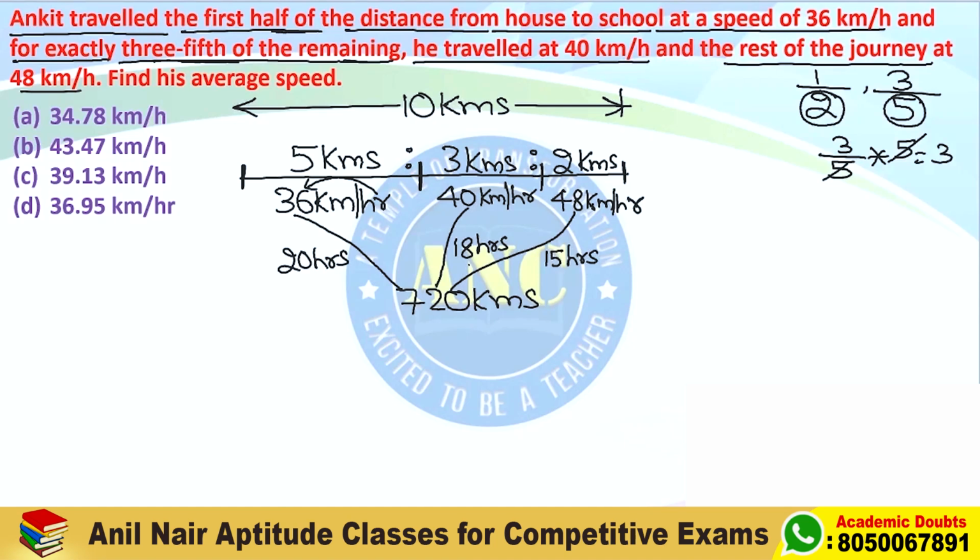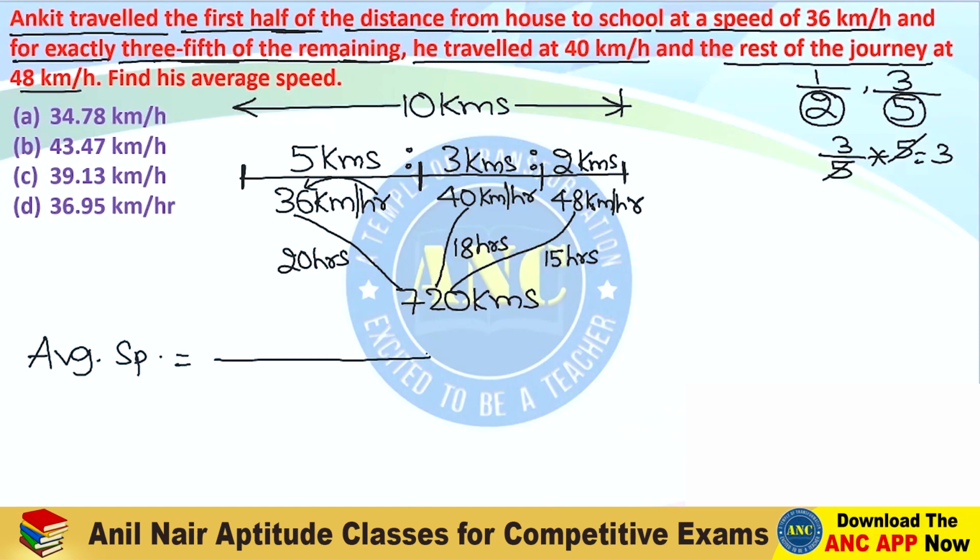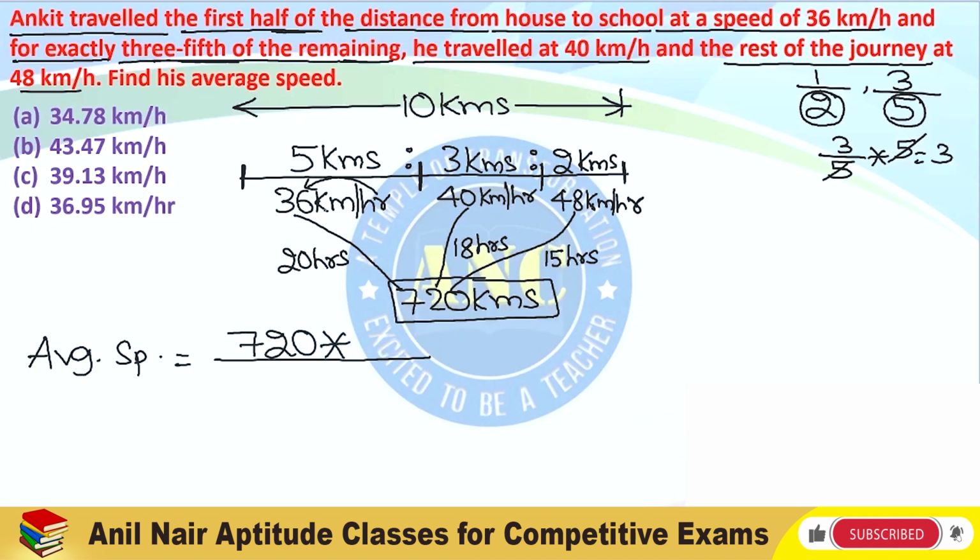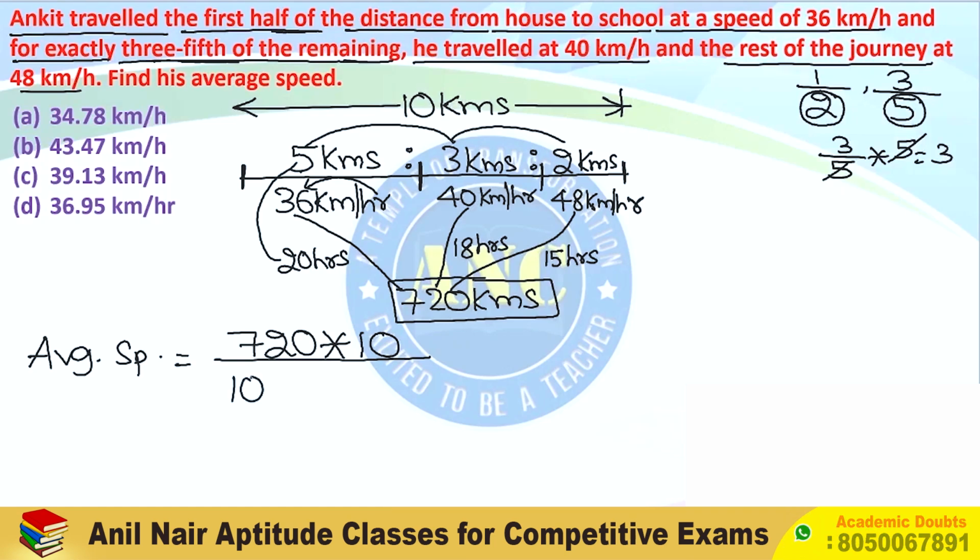Now, we know that 20, 18 and 15 hours are the time taken. What we need to calculate? Very simple. Average speed. Average speed is total distance, we assume the total distance as 720, write it down, multiplied with the sum of the distance ratios, 5 plus 3 is 8, 8 plus 2 is 10, please multiply with that, and total time: 20 hours for 5 kilometers, 20 into 5, it is 100.